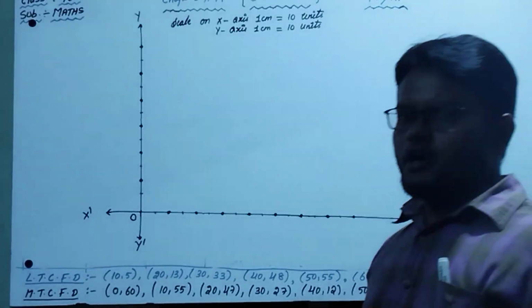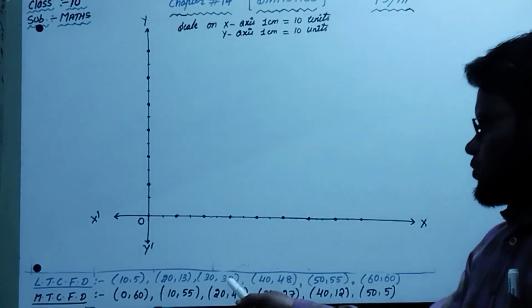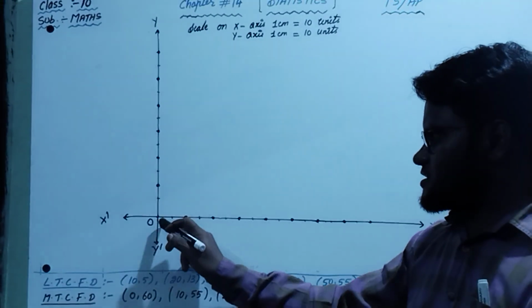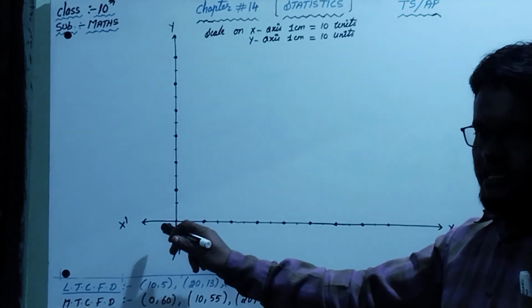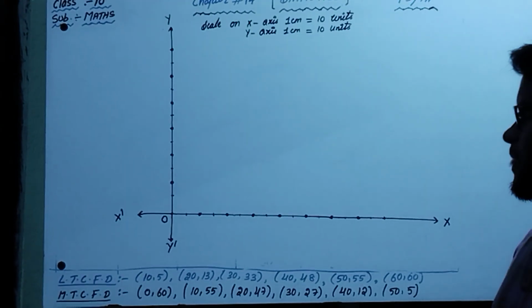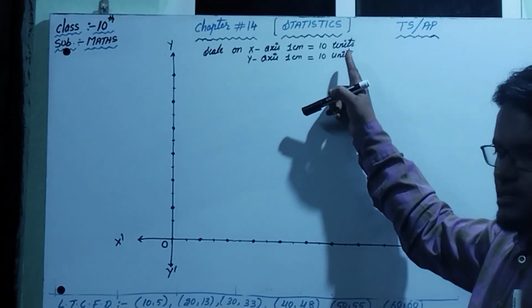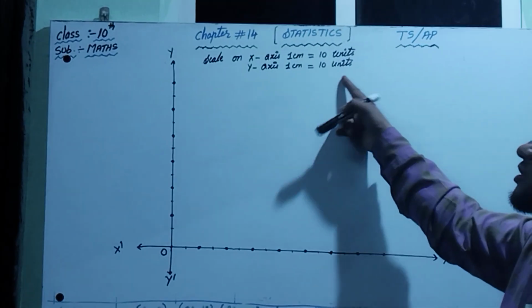Now I am drawing the graph. Here this is the x axis and y axis, and this is the origin point 0 comma 0. X value is 0 and y value is 0. Then I taken scale. Scale on x axis 1 centimeter equals 10 units, and scale on y axis 1 centimeter equals 10 units.